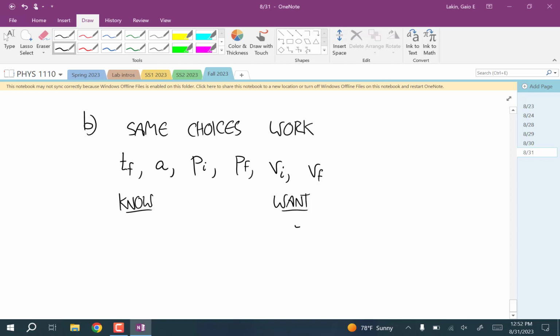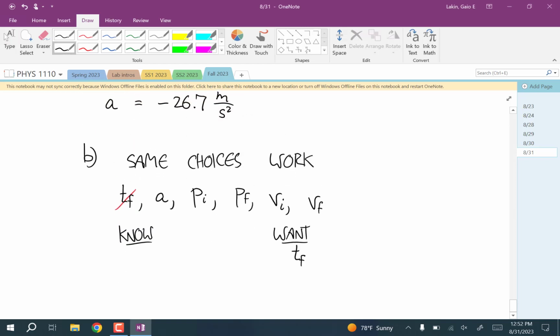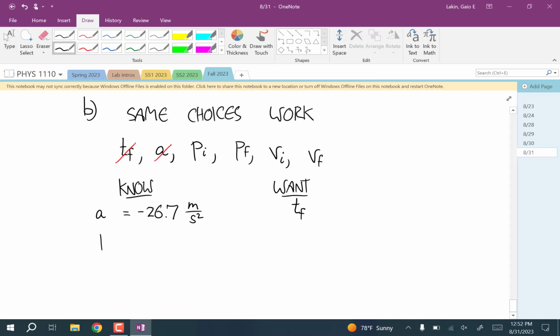TF, this time that's what we're trying to solve for. Acceleration, well, we just figured that out in part A, so now we can use that. So acceleration is negative 26.7 meters per second squared. All the other stuff, this is true anytime you keep the same choices.